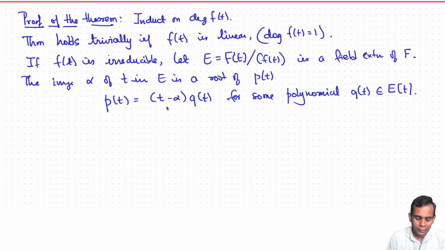So we apply the factor theorem in the field E[t]. The factor theorem says that if you have a polynomial which vanishes at some point, then the polynomial is divisible by t minus that point. Okay, so this is the form of f(t), and so let's write now f(t).